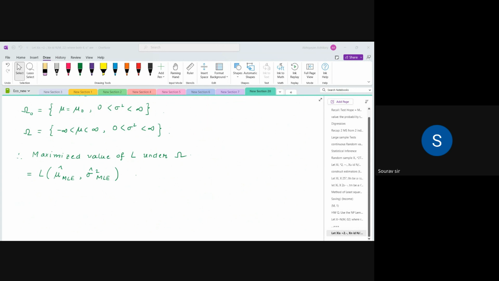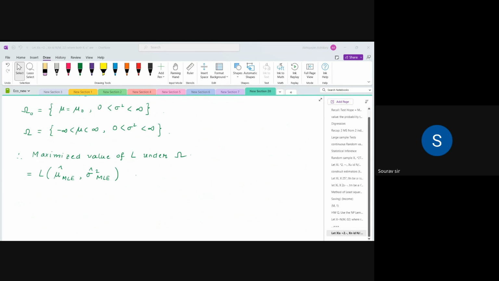For the likelihood ratio test, you want to take the ratio of the maximized value of the likelihood under two situations. The first one is in the general parameter space, and another one is omega naught, which is the parameter space under the null hypothesis. So we first need to compute that expression, the maximized value of the likelihood function. We have the likelihood function expression. We are going to compute the maximized value in this way.